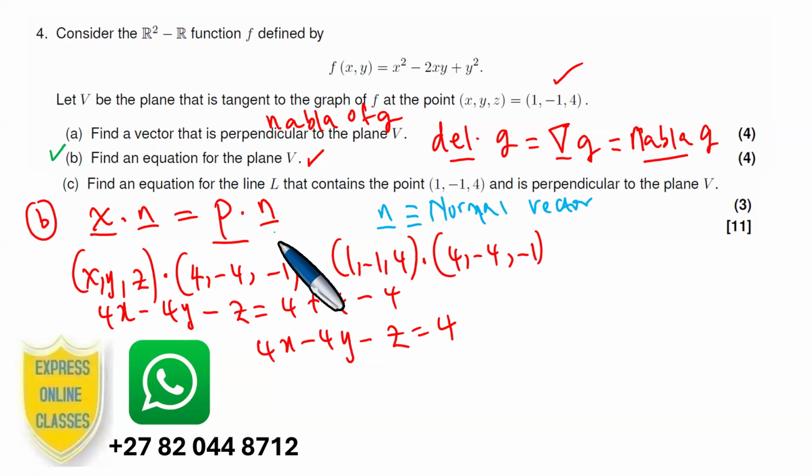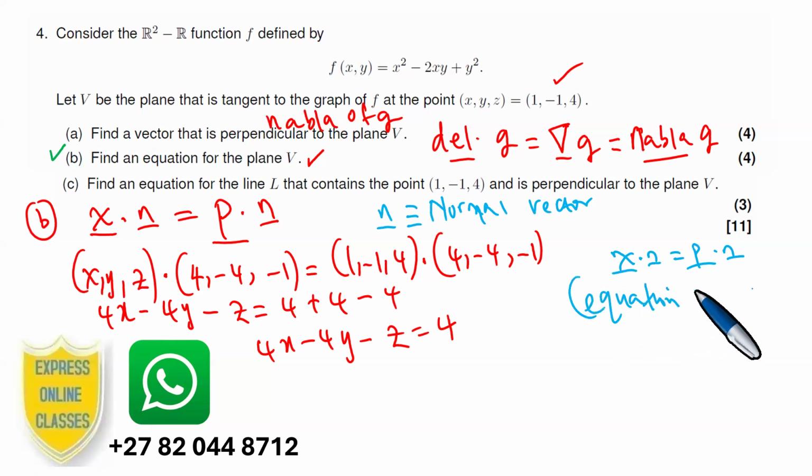This formula x dot n equals p dot n is the formula for finding the equation of a plane. So we have answered the question that said find an equation for the plane. How do you find the equation of a plane? We use x dot n. This is the dot product.